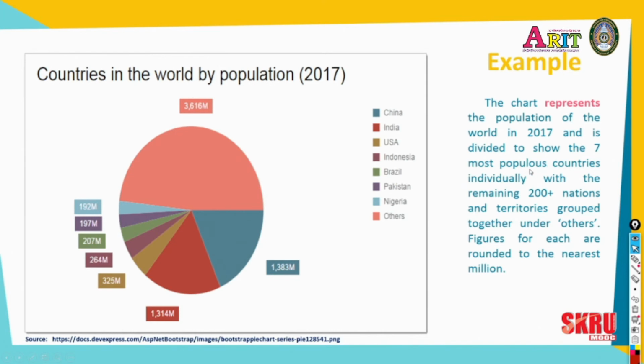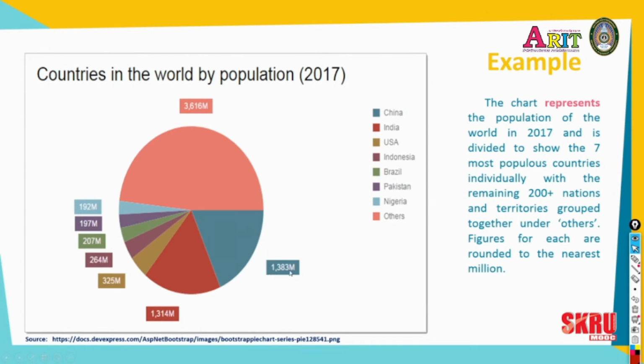So the most populous, they're the countries with the largest populations. While it doesn't state that on the graph, it just happens to be something that I know and can verify easily. Figures for each are rounded to the nearest million.